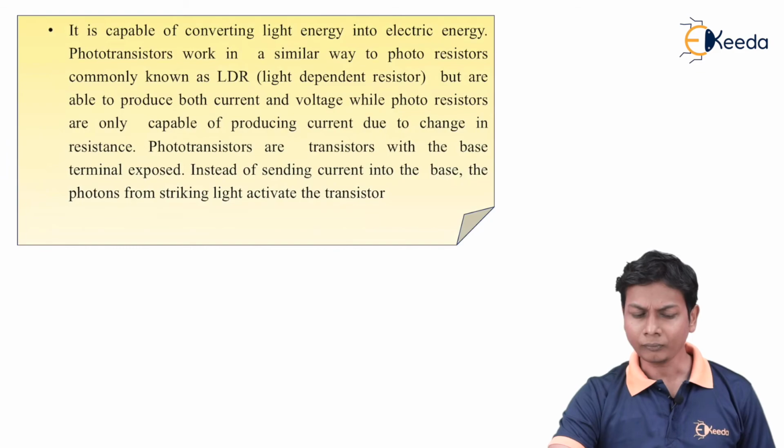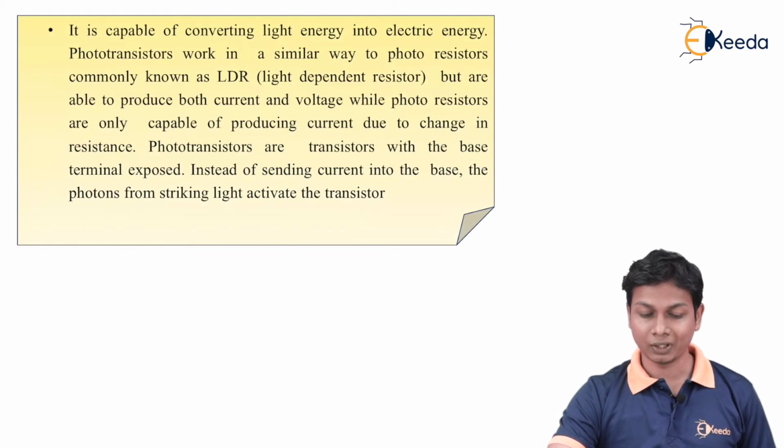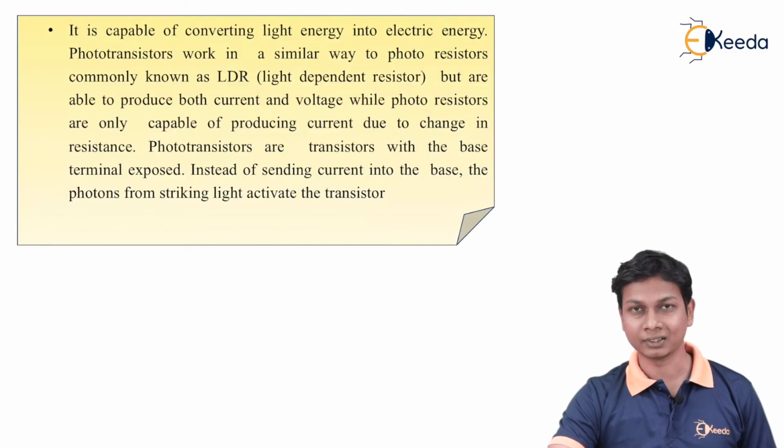So you can easily see the difference between photoresistors and phototransistors. In a phototransistor, whatever electrical signal is detected can be voltage or current, and in a photoresistor the detected electrical signal is only current.